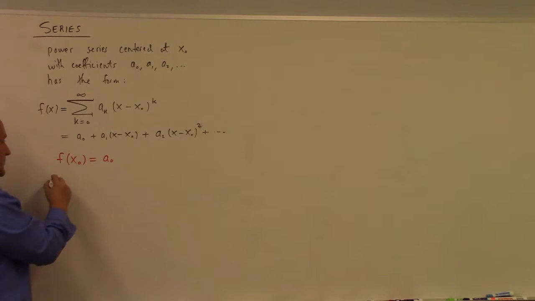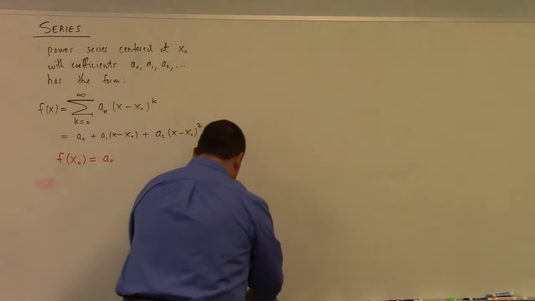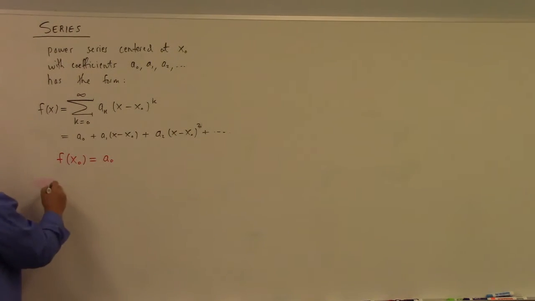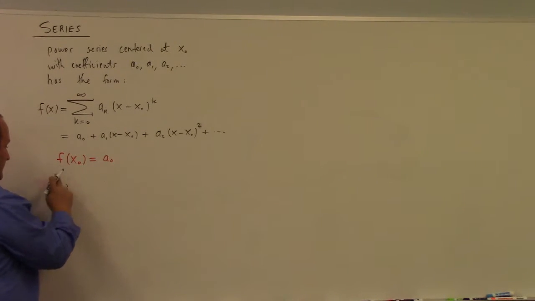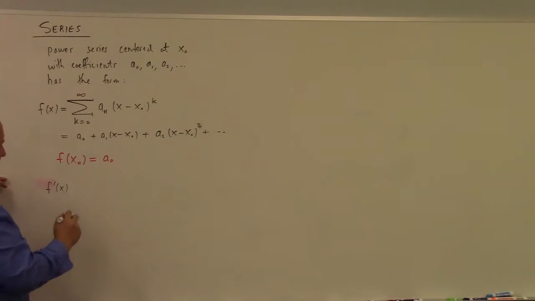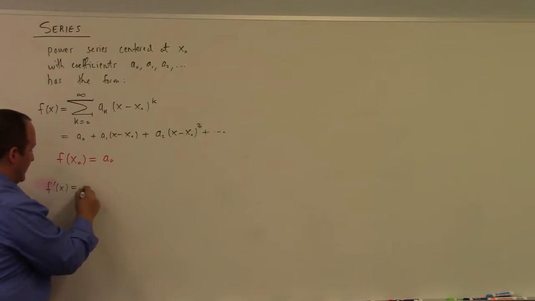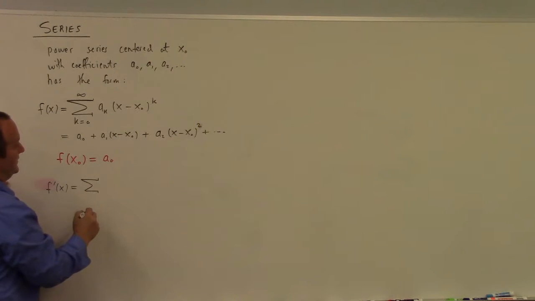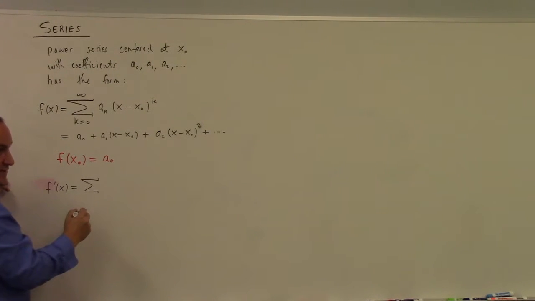If I was to calculate f prime of x, what would that be? Now there's a beautiful theorem that I won't prove here, and I probably won't prove in calculus 2 either. Where would I prove it? I don't know, somewhere else. The theorem is that if you have a power series, you can differentiate term by term.